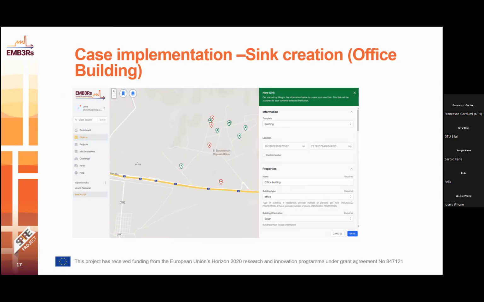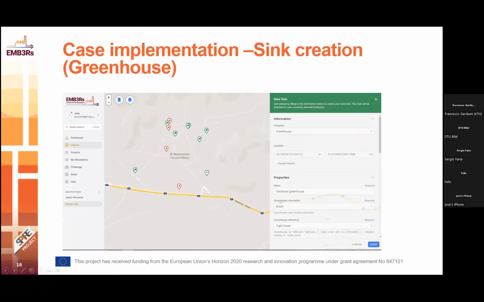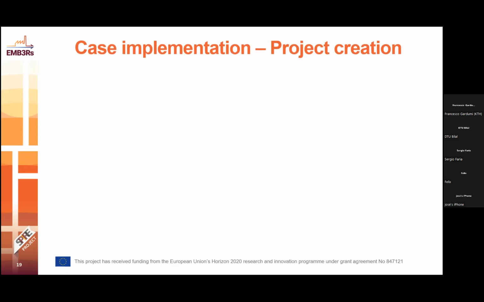And then the last one would be a greenhouse, which again would have specific parameters for the greenhouse to calculate the heating requirements. So these are the different types of things that the platform can host, and we'll have all of these in the workshop for you to try out and create.